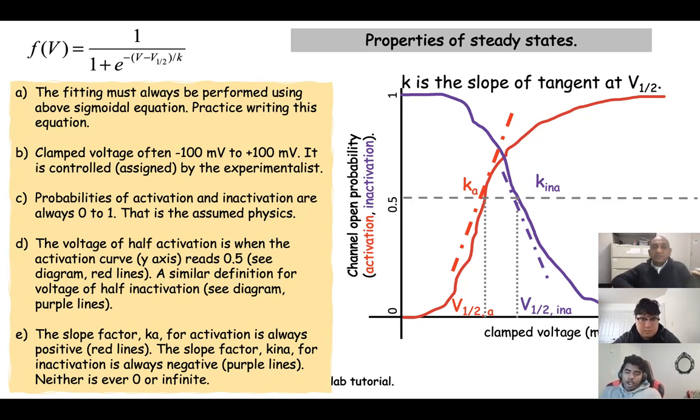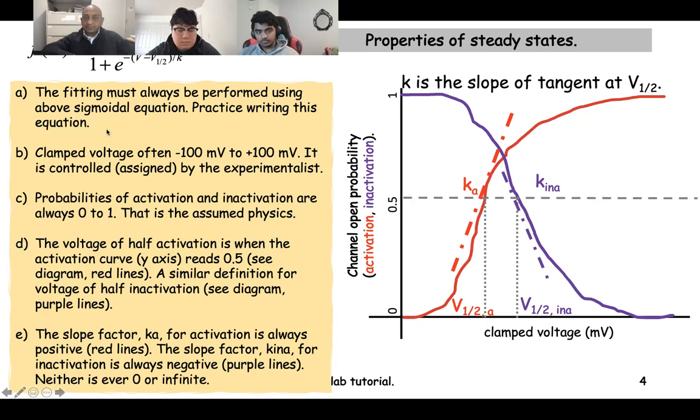The next piece of information that we must bear in mind is that when we are working out the voltage of half activation, its definition is shown in the red lines on the graph on the right-hand side. So I'll move my pictures elsewhere.